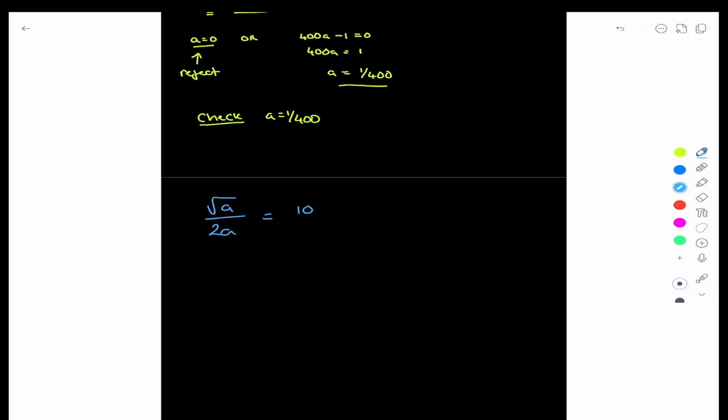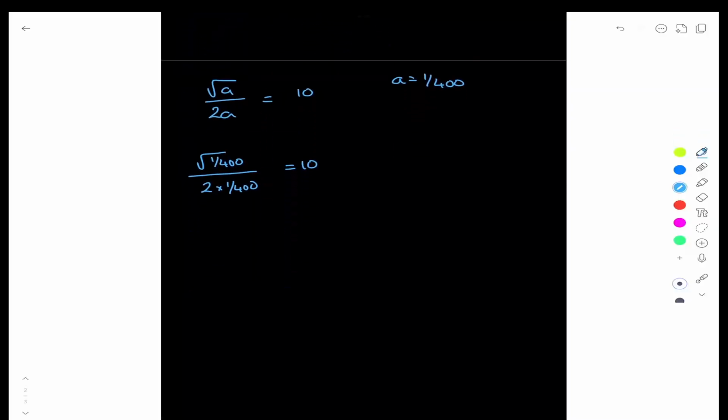Okay, so root a, and a is 1 on 400. So we would have root 1 on 400 divided by 2 times 1 on 400 equals 10.